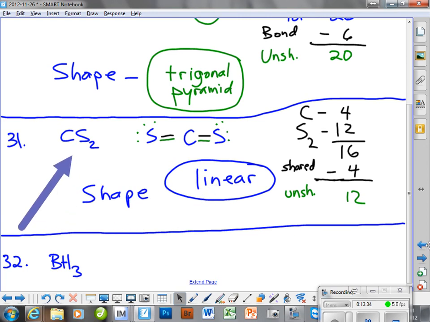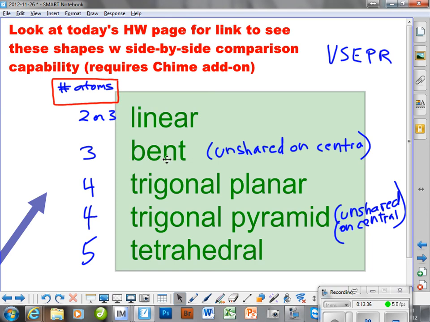And why is it linear? Because it has no unshared pairs on the central atom.